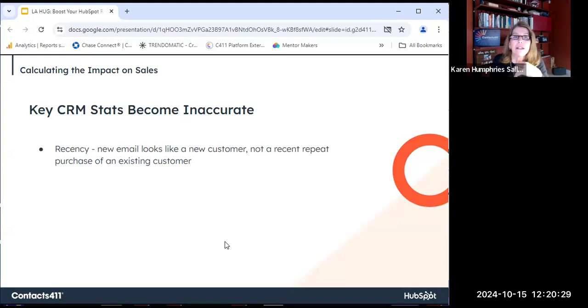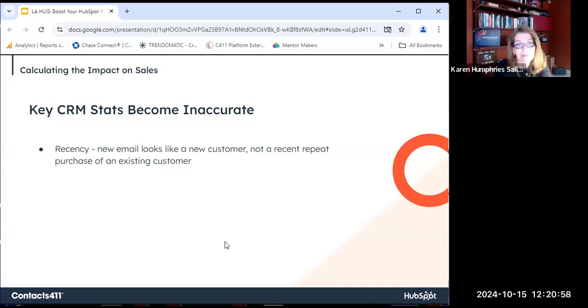And you want to know that when you get a new email from a customer, is that actually a new customer? Or is that an existing customer giving you a new email? Because what you don't want to do is send a thank you for becoming a new customer, "We're really excited that you joined our flock," to one of your better customers, because they don't really realize that they sent you a new email.